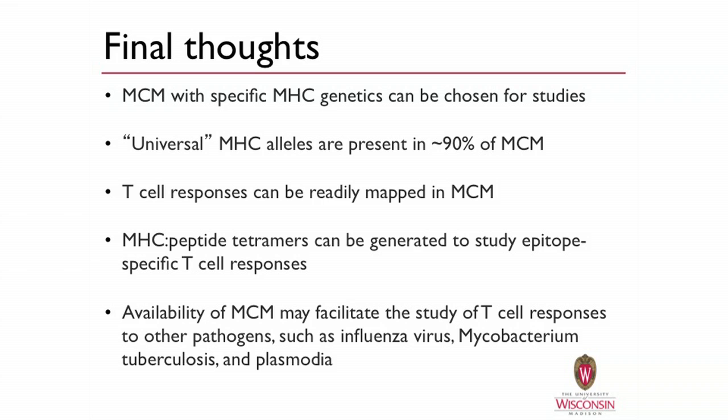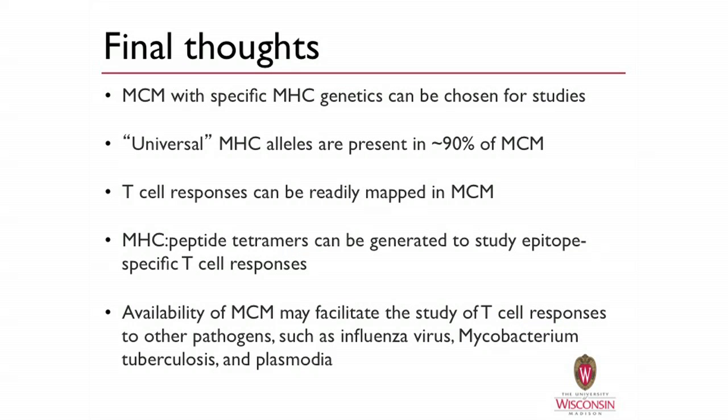We can make MHC peptide tetramers, and I didn't show you that data today, but we can generate these with our collaborators in the UK and use them to study specific T cell responses. And again, as I said, we hope that using this Mauritian macaque model may facilitate studying T cell responses to other pathogens as well.